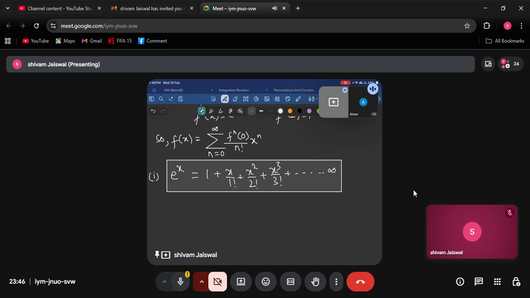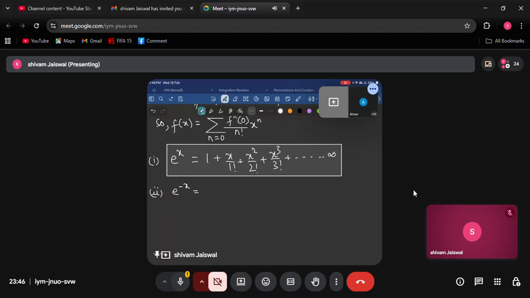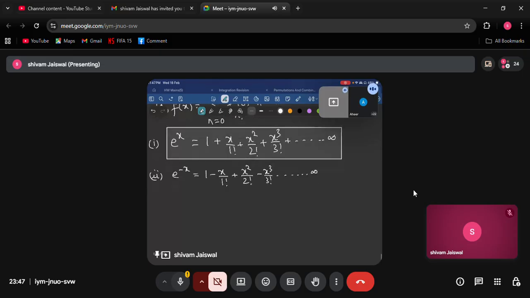Similarly, what is e to the power minus x? 1 minus x upon 1 factorial plus x square by 2 factorial minus x cube by 3 factorial dot up to infinity. Alternately positive, negative, positive.